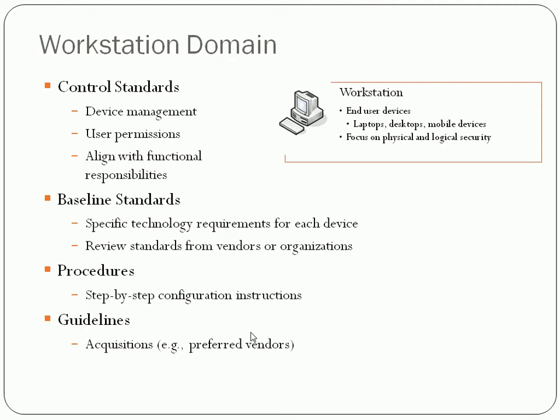Now, again, it's a guideline, so it might not be something they have to do. You wouldn't say you have to order this specific model of Dell, but you would say, if you order this one, then you're going to be compliant. You don't have to worry about all the other standards. But if for some reason they can't use that specific stock number, then they could go back and look at the procedures and the standards and the control standards and say, okay, let me find something that's going to meet these requirements.